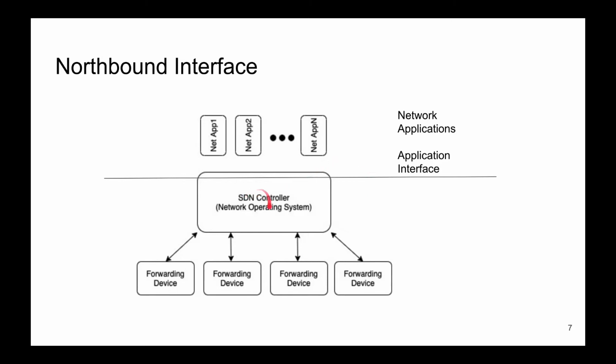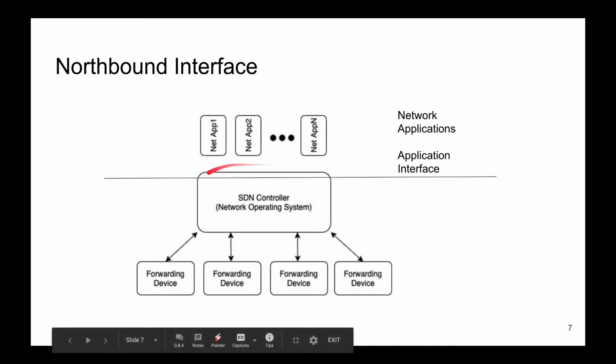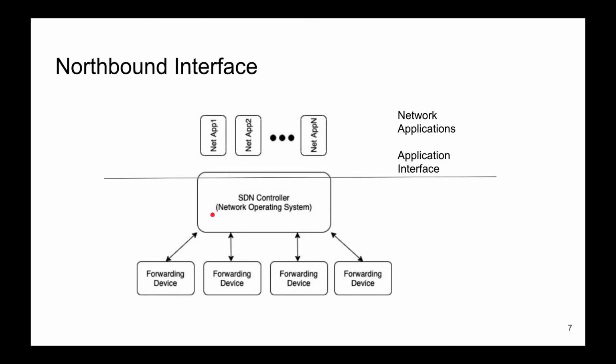The SDN controller provides an application interface for the network applications. It provides simplified abstractions of the underlying network infrastructure. It is often sufficient for the entire network fabric to be represented as a single large switch for an application.